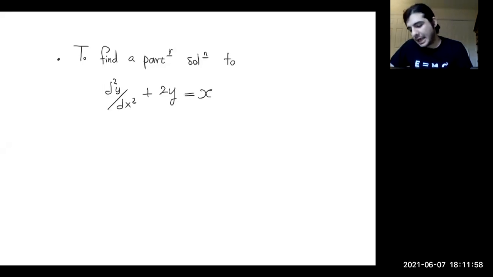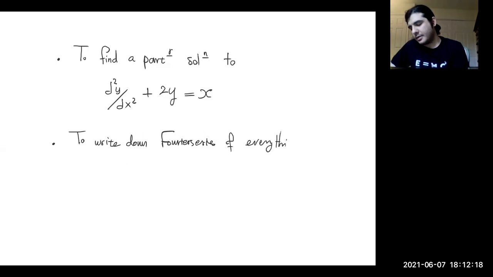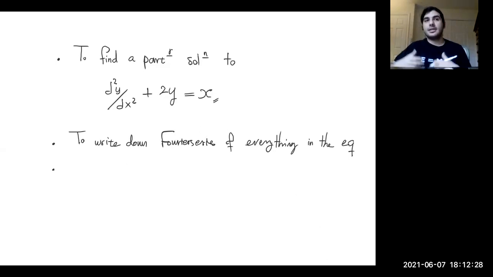We start with x. x is the thing we know, y is the thing we don't know, right? Let's start with x. What is the Fourier series of x?